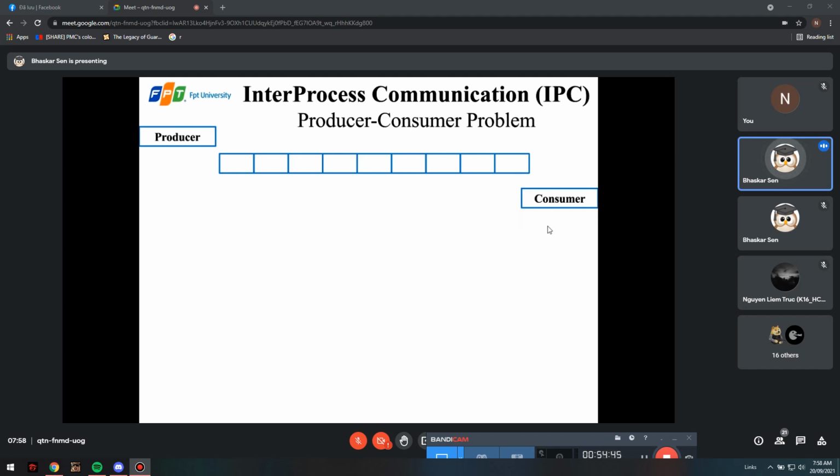Both producer and the consumer can't be active inside the store at the same point of time. So that is one of the things that we have to understand.